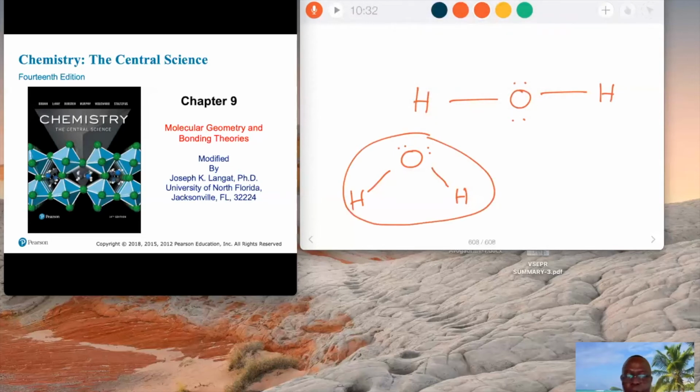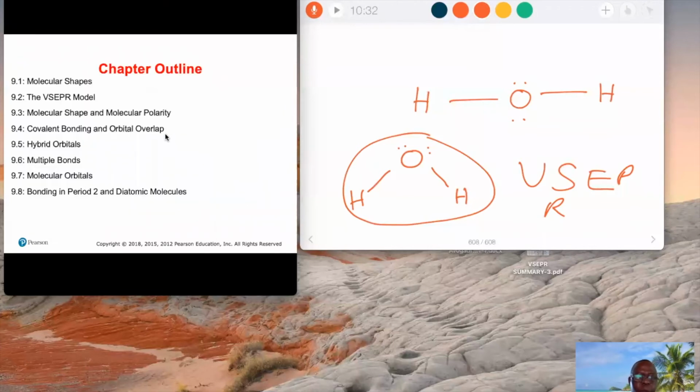We will use a powerful model called the valence shell electron pair repulsion model, which is used to predict the molecular shape of molecules. So you're not going to be dealing with ionic compounds. This is the roadmap of what I intend to cover in chapter 9: the molecular shapes, and the model used to predict them.